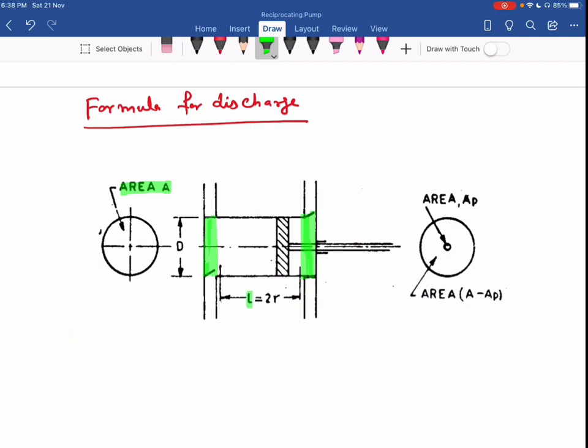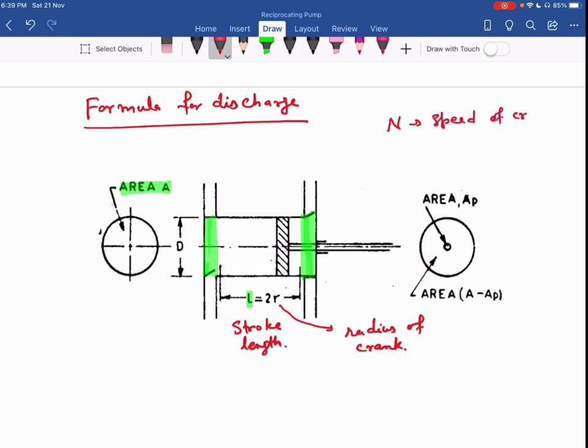This L is called the stroke length. If R is the radius of the crank, then 2 times R is my stroke length. Then N is the speed of the crank, in RPM.